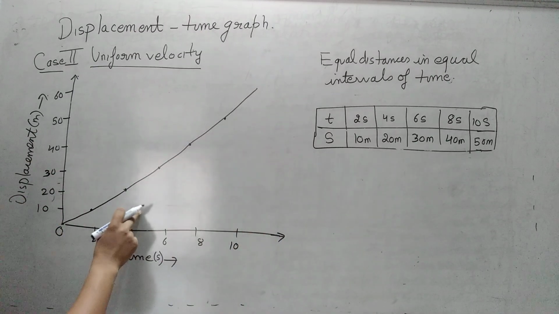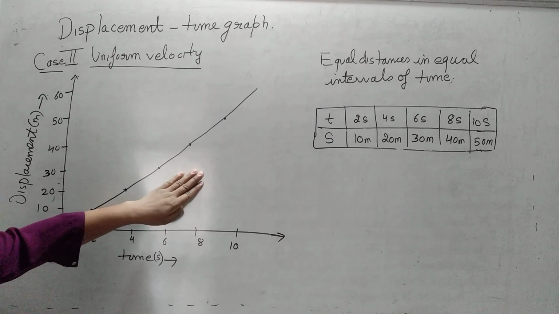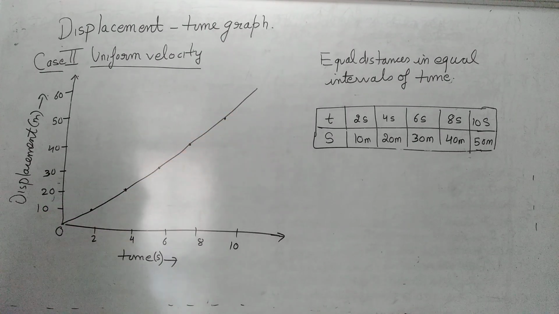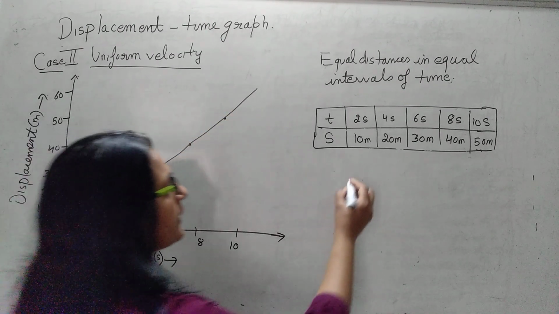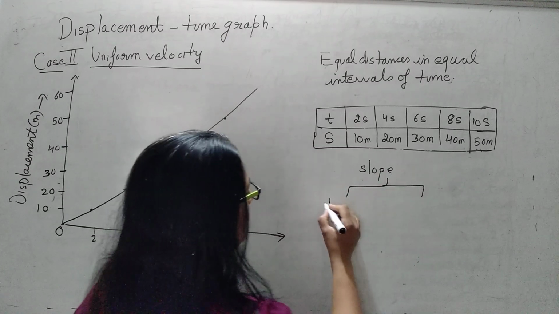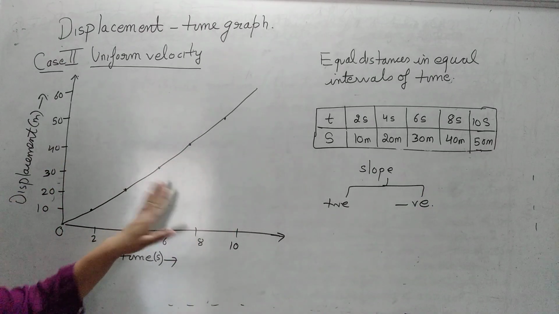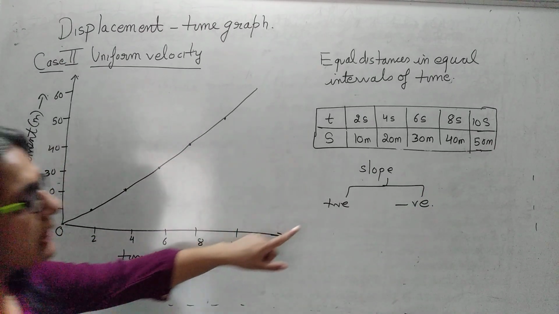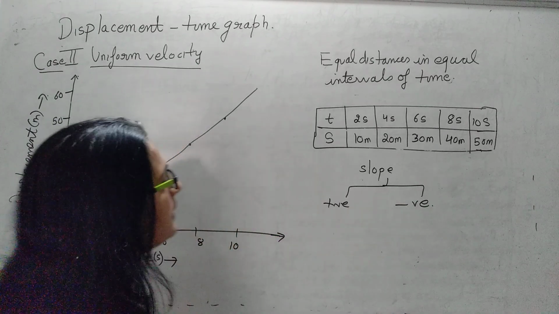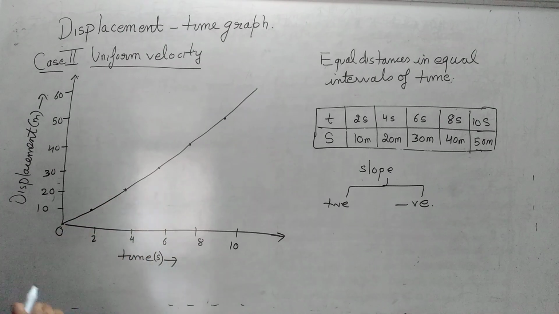Now displacement time graph से हमें velocity पता लगती है. Velocity कैसे पता लगती है? अगर हम इसका slope find out करें. The slope can be positive, the slope can be negative. How do we find the slope? That I will tell you. Slope of displacement time graph represents velocity.